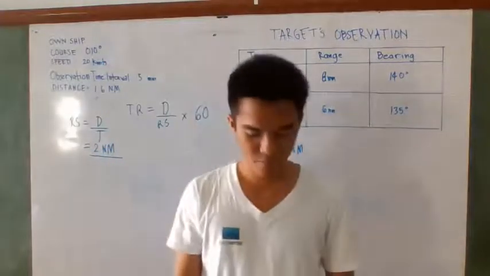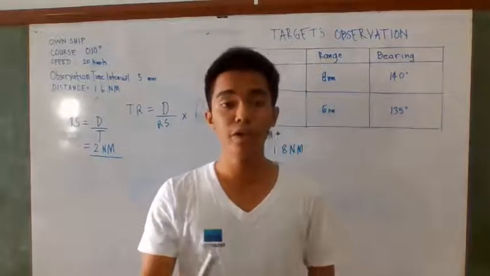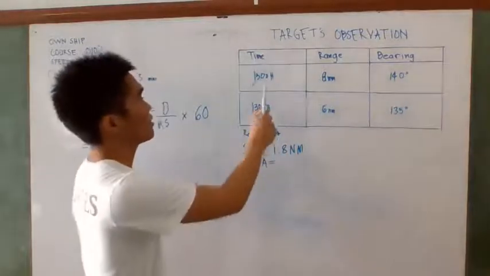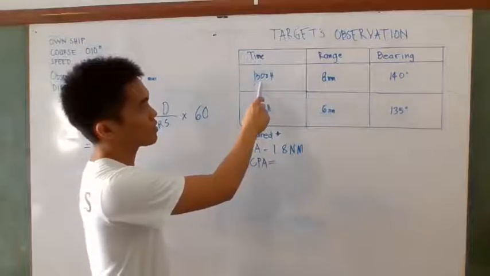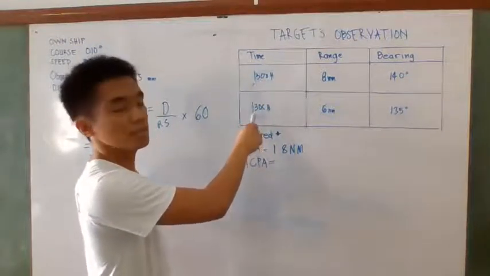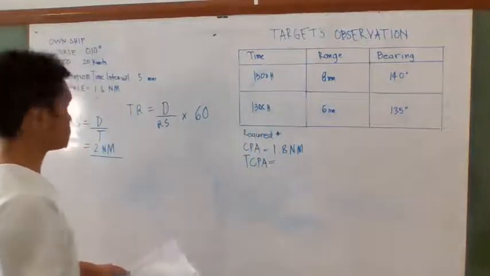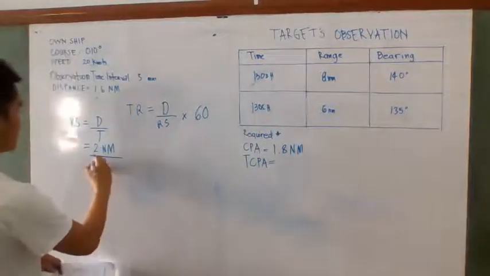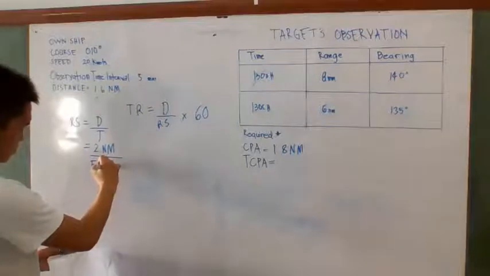Our time is the difference between the time that you used in your first observation and the second observation, which is 5 minutes.